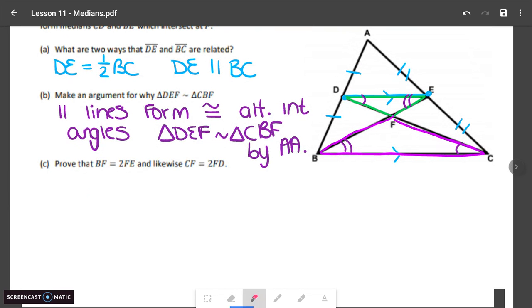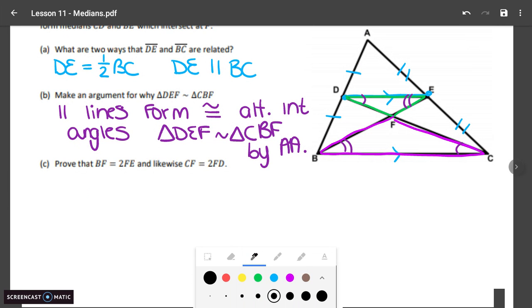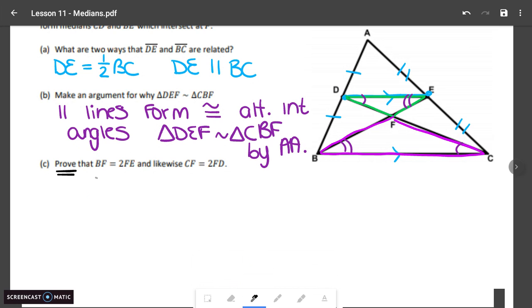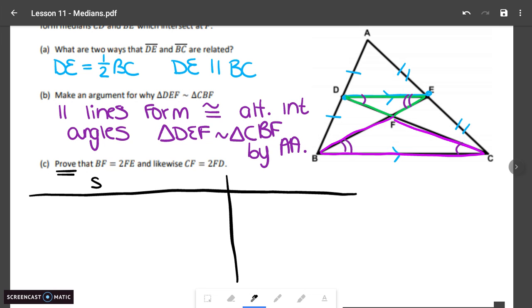So if I'm making a formal proof, because now says the word proof, and you could just explain it and get away with it here, but if I was to do a formal proof in this case, I know we've already done enough to show that triangle DEF is similar to triangle CBF. So I'm going to say that's my given because we already shown that.